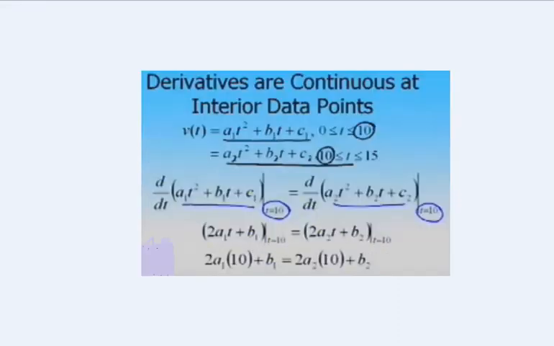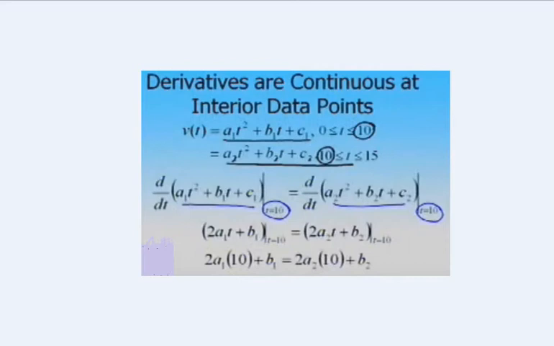So we are going to set up the next four equations by taking the derivative of the first spline equal to the second spline, because derivatives are continuous at interior data points. Derivatives are going to be equal at these points, because these tens are the same point, so the derivative at this particular point is going to be the same.